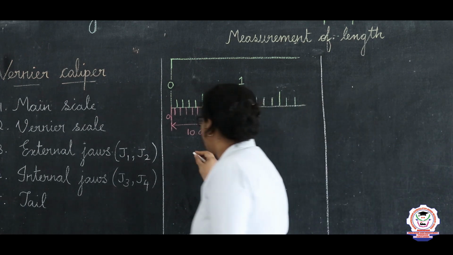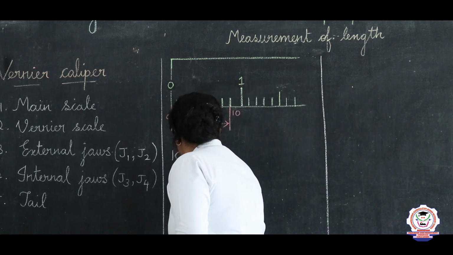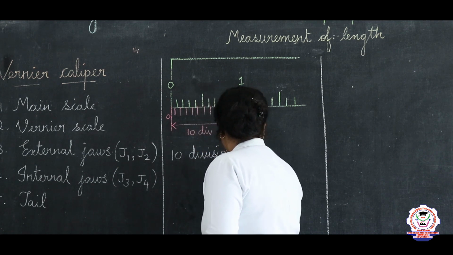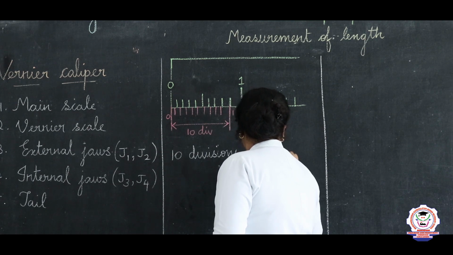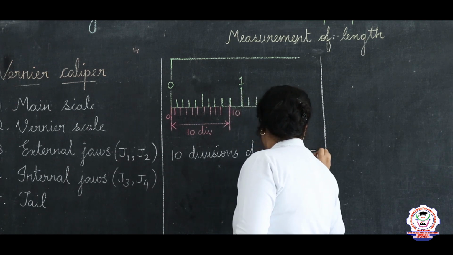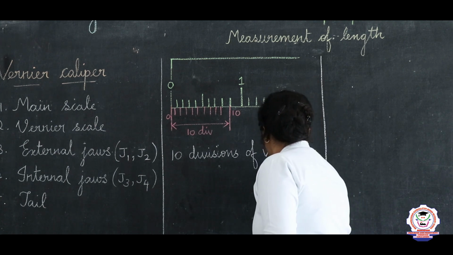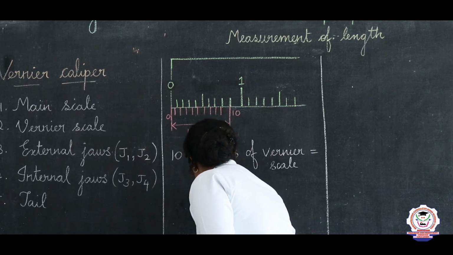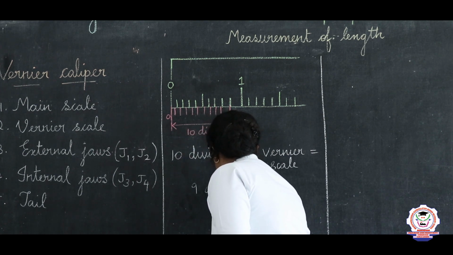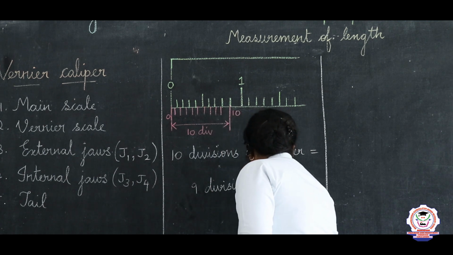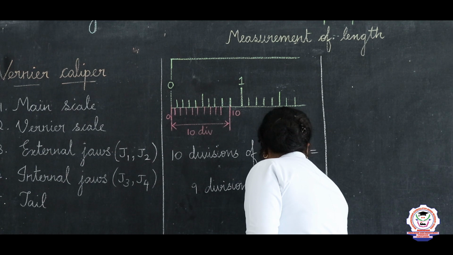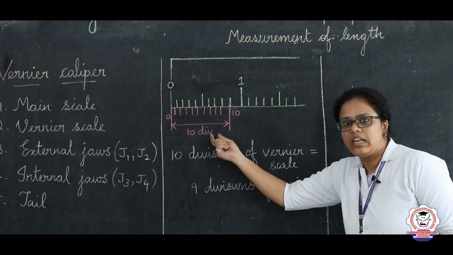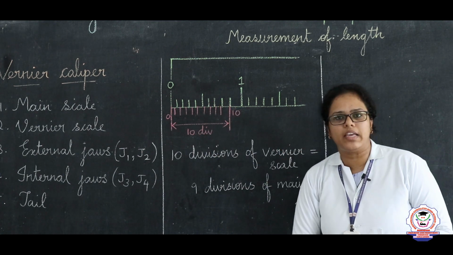So, I can write ten divisions of the vernier scale correspond to the 9 divisions on the main scale.